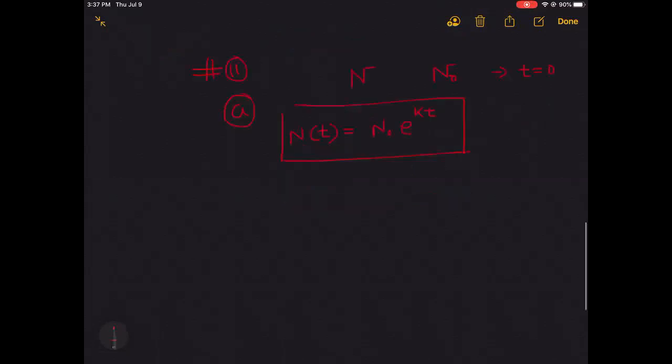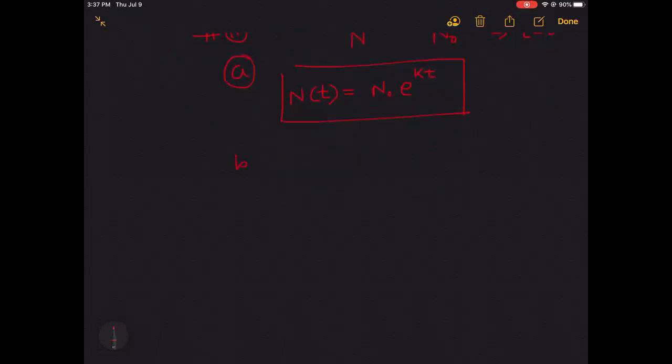Now let's go to B. B says if the population doubled in size over 22 months and the current population is 40,000, what will the population be in 4 years from now?